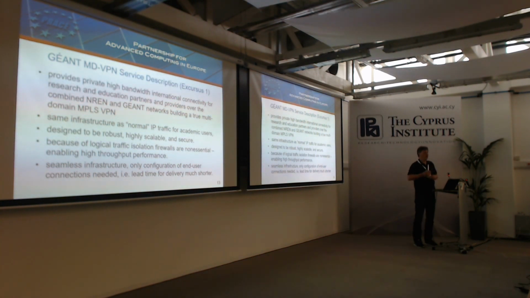Here, it's only a configuration issue, and it's done much faster. When a site wanted to connect to PRACE, it took from 4 hours to 3 months, depending on the site. Here it takes, let's say, 1 hour: configuration, and sending emails saying he's approved to connect, please connect him, someone configures it, and it's working.